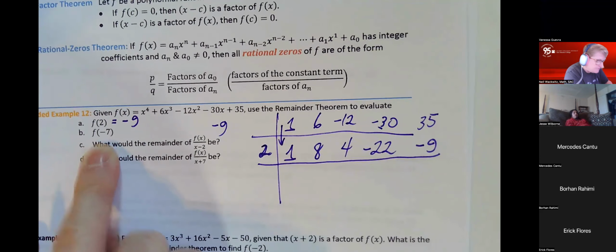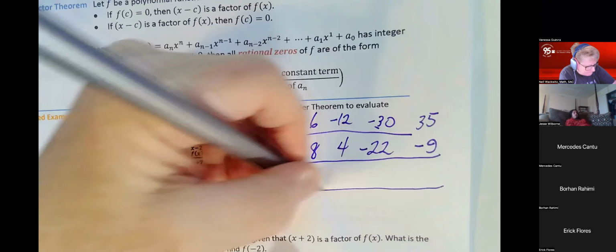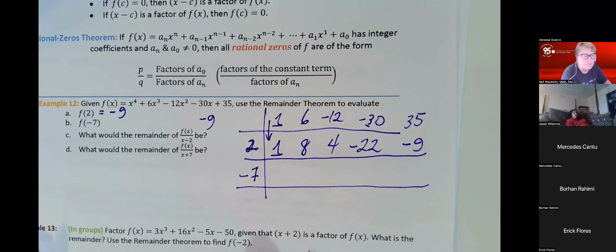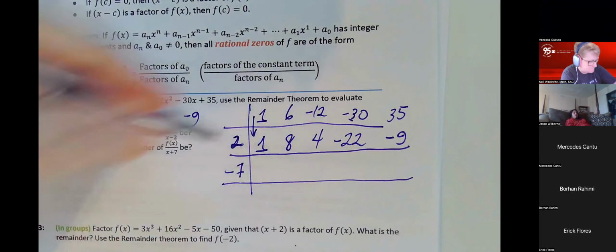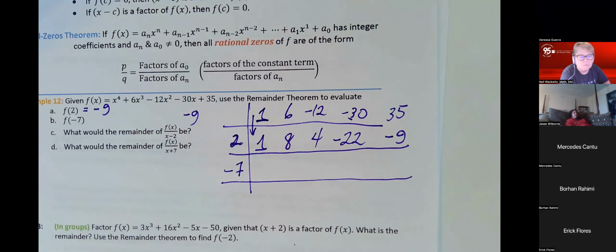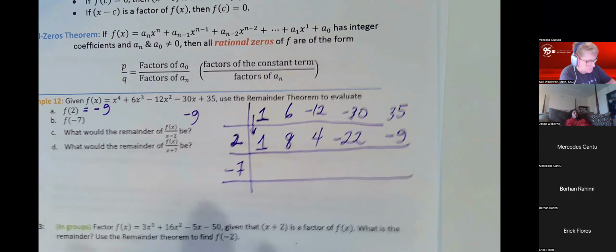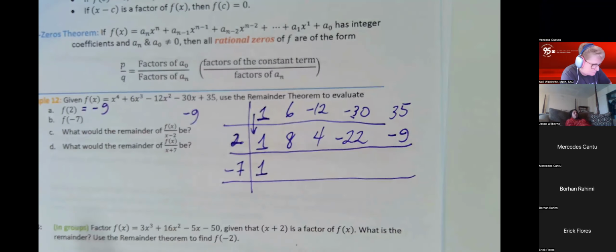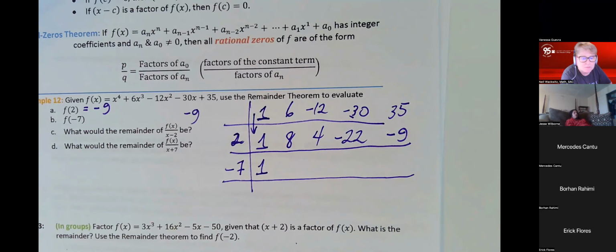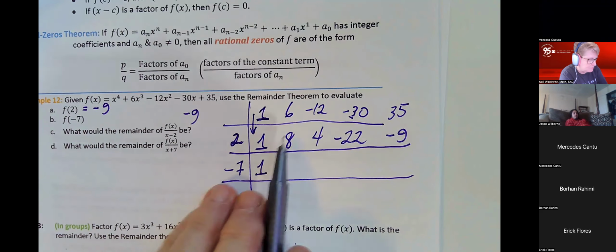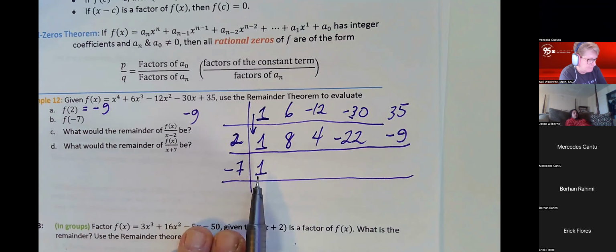If I want to find f of negative 7, help me do it. Plug in 1 again. You multiply the negative 7 and 1 first.